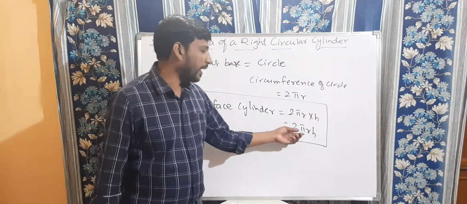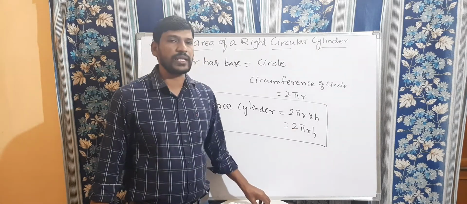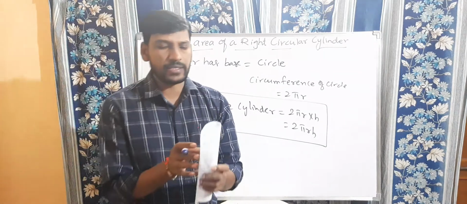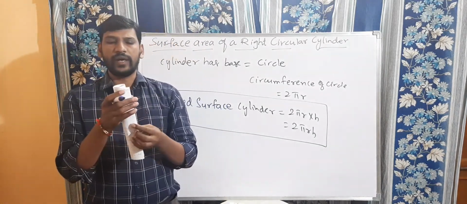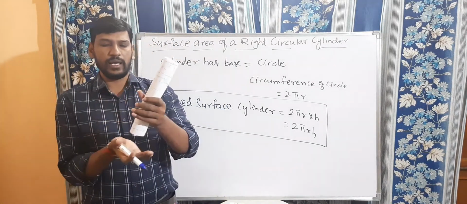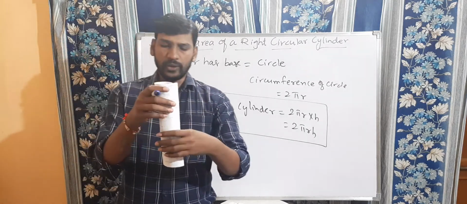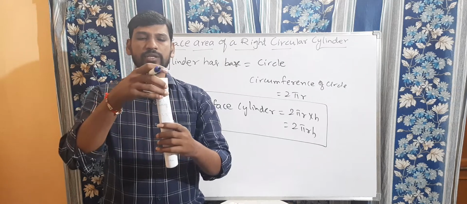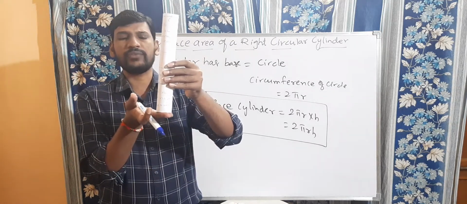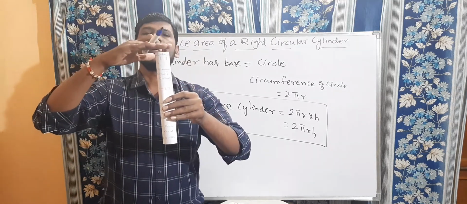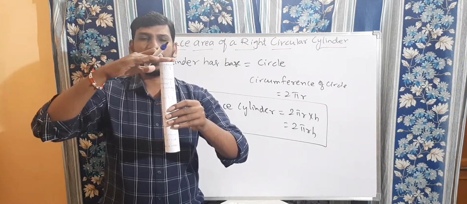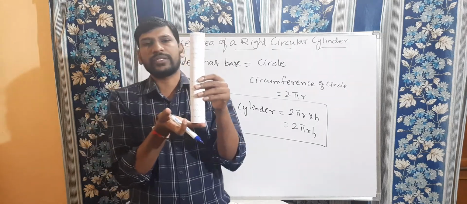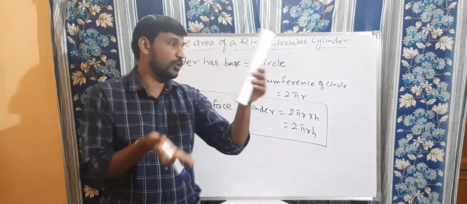Why should we take 2 pi r? Because the base of the cylinder is always in the form of circle. See this here. The base and top both are in the form of circle only. Circumference of base, we cannot say perimeter of the circle; circumference of circle is nothing but 2 pi r.